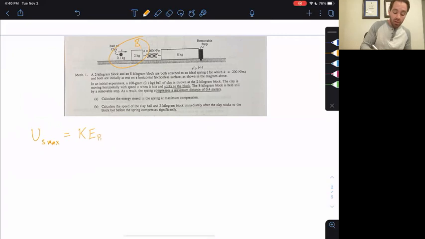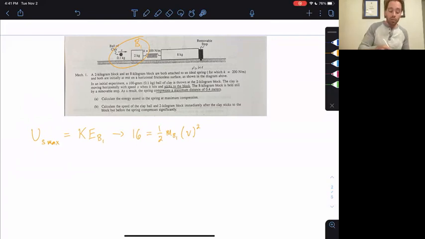So KE of B1. We already know this. This is 16 joules. And that's going to be equal to 1/2 times the mass of B1 times its velocity squared.